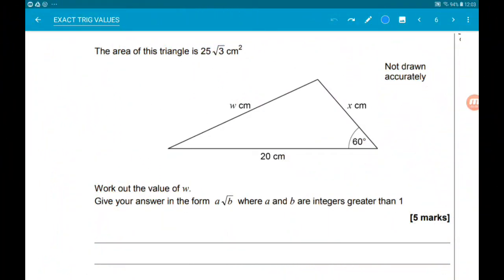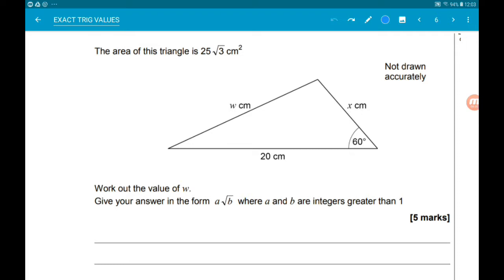Okay, now this one is a fun one. So we have a non-right angled triangle. We are told the area is 25 root 3 centimetres squared. Find the value of W. Give your answer in the form A root B, where A and B are integers greater than 1.